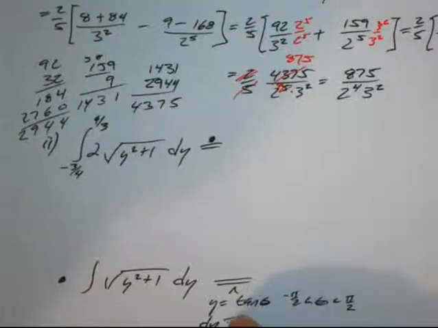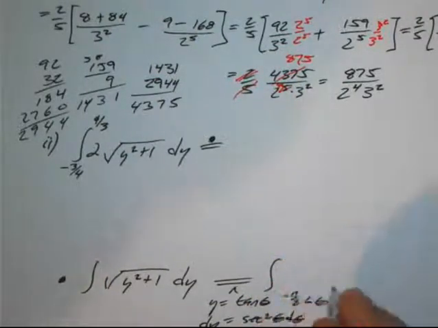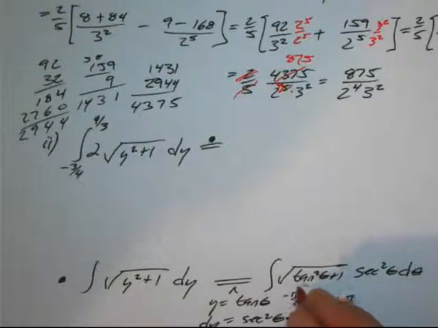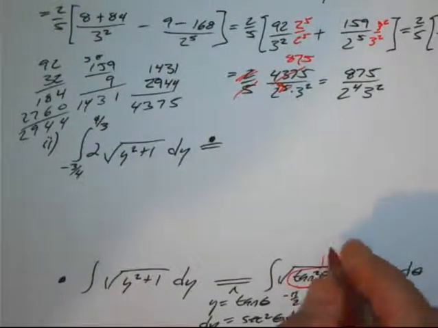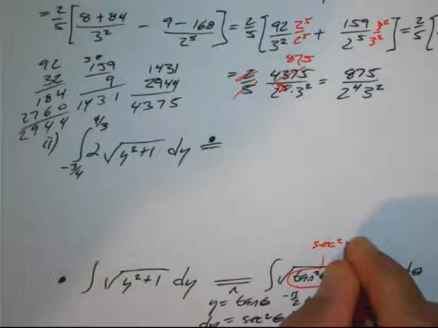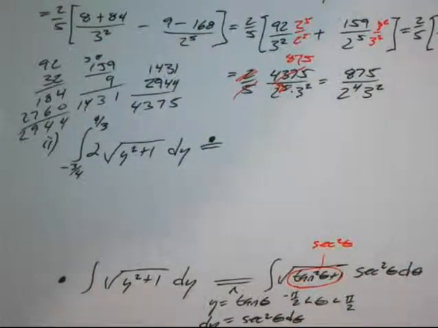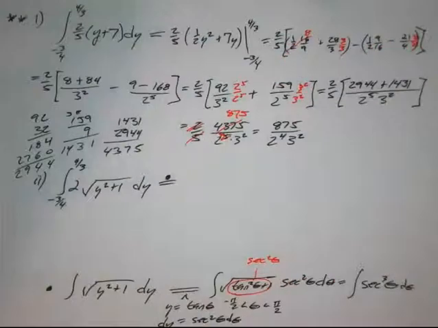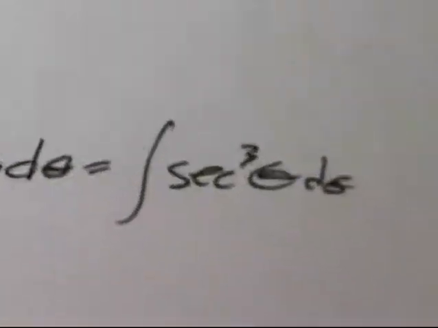And, of course, dy is going to be secant squared theta d theta. Okay, so here's what we have. Now, as we mentioned, this here is going to be secant squared theta, and then we can take its square root as being secant theta, no absolute value signs needed, and this brings us to, okay, and well, now what?